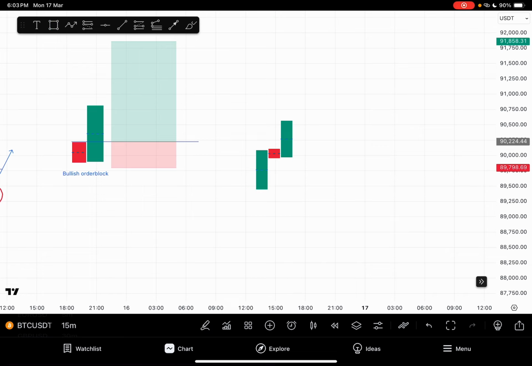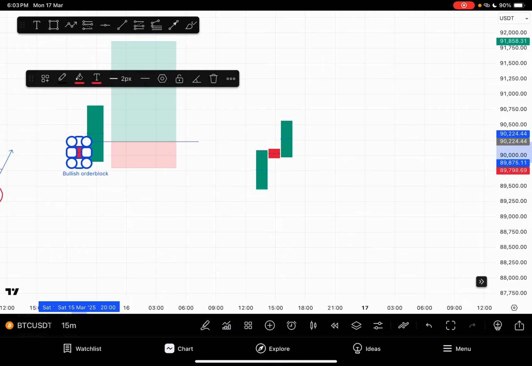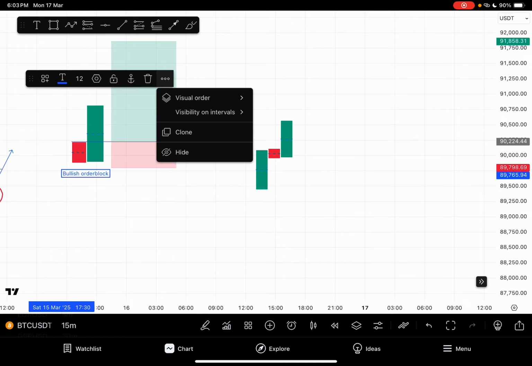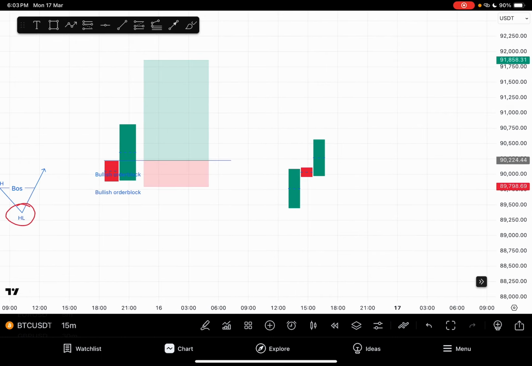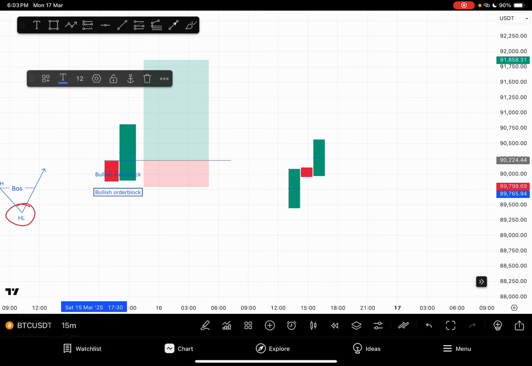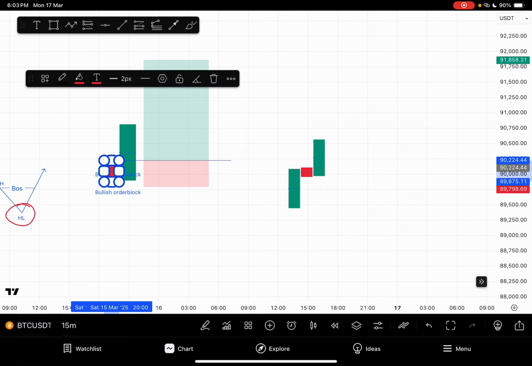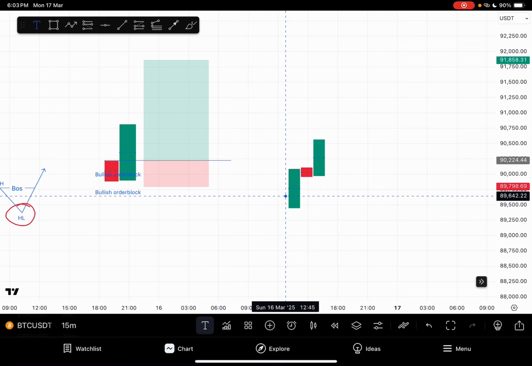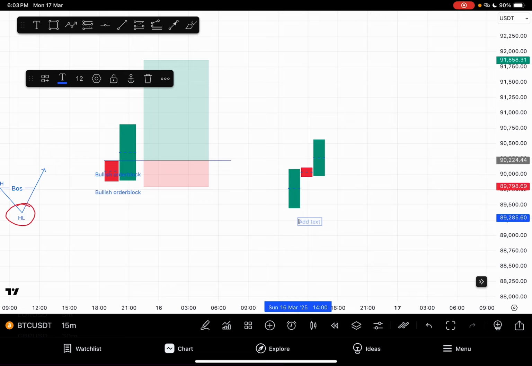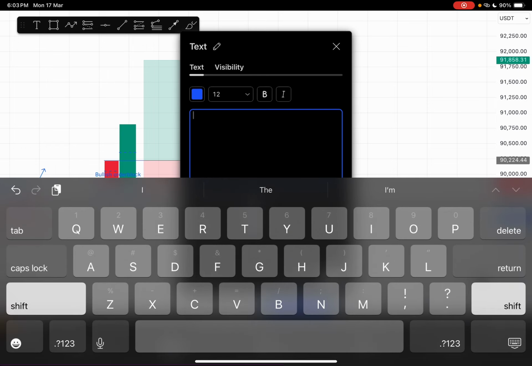So this is also another type of bullish order block. Let me type this here again. It's another type of a bullish order block.